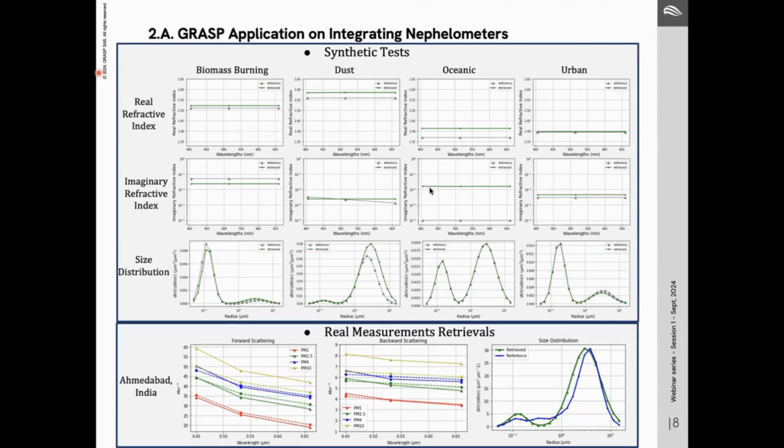But if we want a very accurate full size distribution, it can create some uncertainty in the coarse mode. With a much more advanced instrument, for example the IMAP or PINEF, because of the angular range and angular information, the retrieval is more accurate, especially in the coarse mode part.